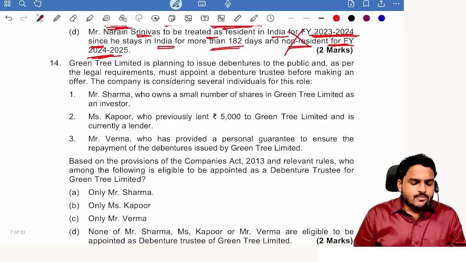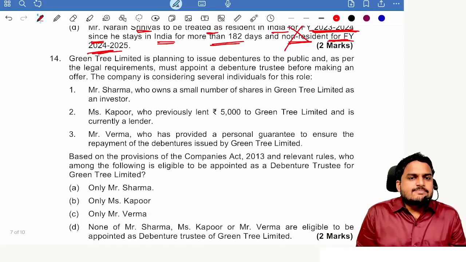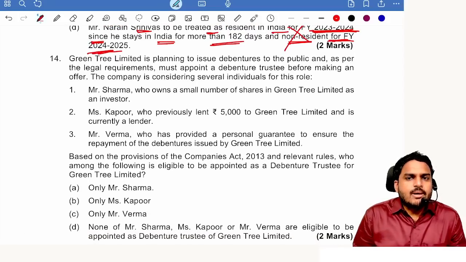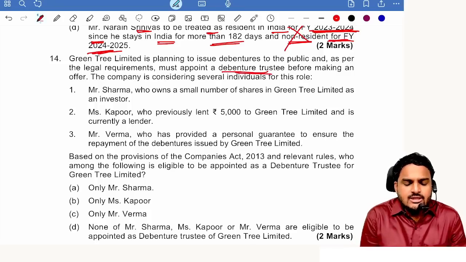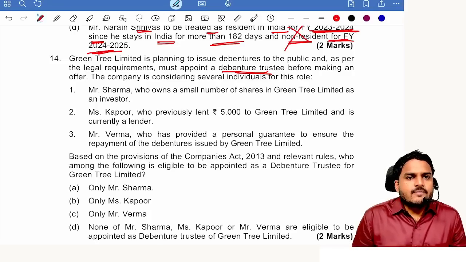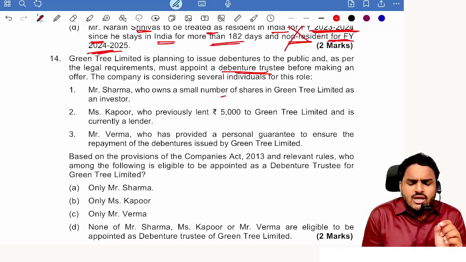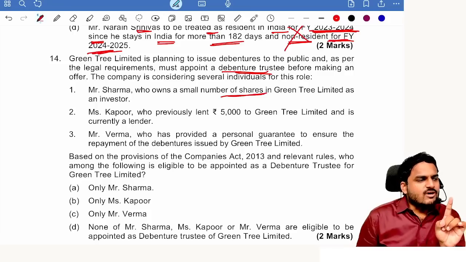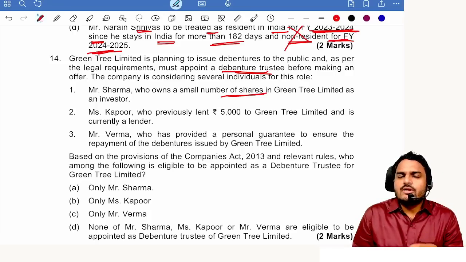Okay, next. Green Tree Limited is planning to issue debentures to the public and as per the legal requirements must appoint a debenture trustee. Remember disqualifications of trustee? Before making an offer, the company is considering several individuals for this role. Mr. Sharma, who owns a small number of shares, holding one share, beneficial interest, disqualified.